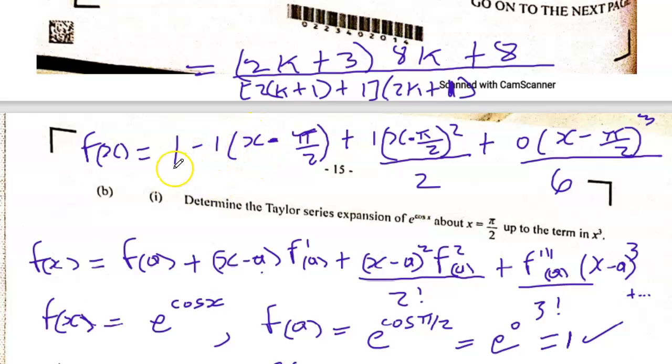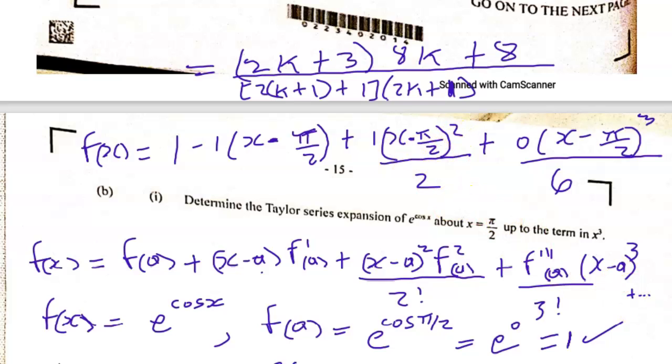So this would be 1 minus bracket pi minus pi over 2, plus half pi minus pi over 2 all squared. 0 times that will be 0, so we won't be using the fourth one.